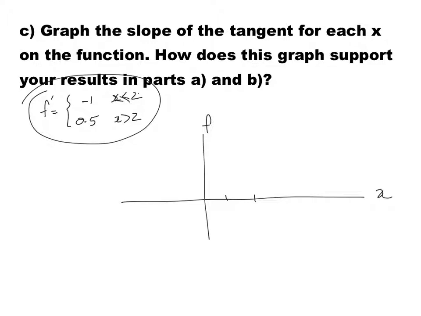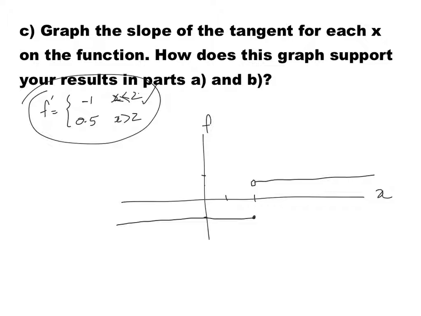Now, when x is less than or equal to 2, the derivative is -1, so it's going to be a filled circle here, and this is going to be the first part. The second part says when x is greater than 2, the function is 0.5, so it's going to be an open circle here.